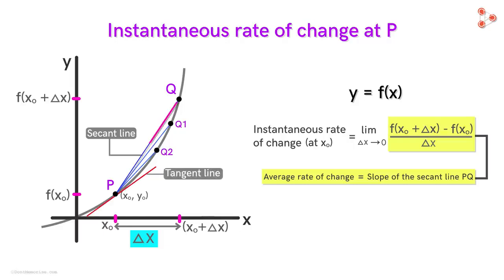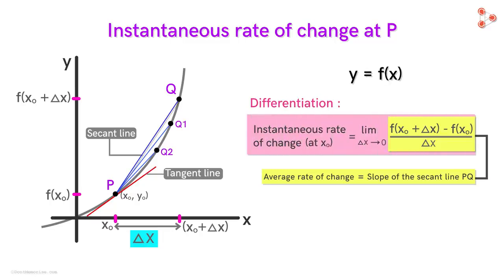That is, the secant line approaches the tangent line. This is how, using the process of differentiation, we find the instantaneous rate of change of a function or the slope of a tangent line.